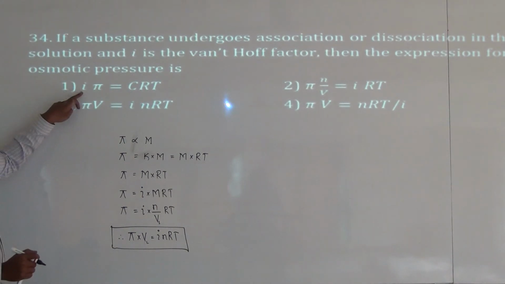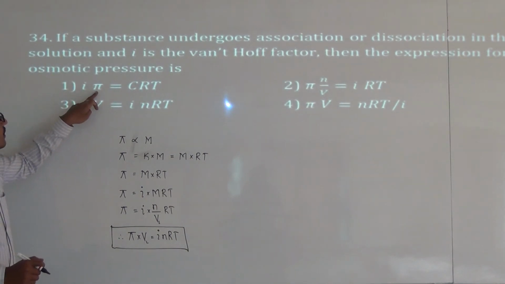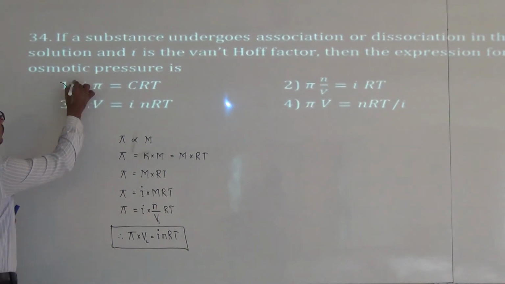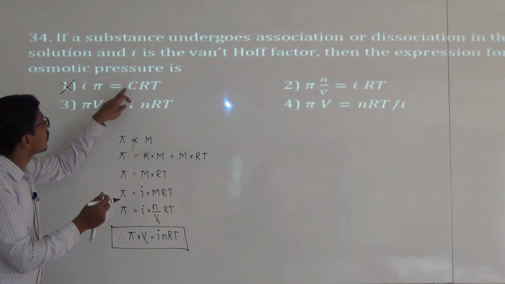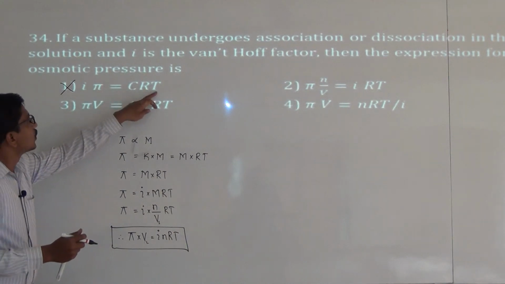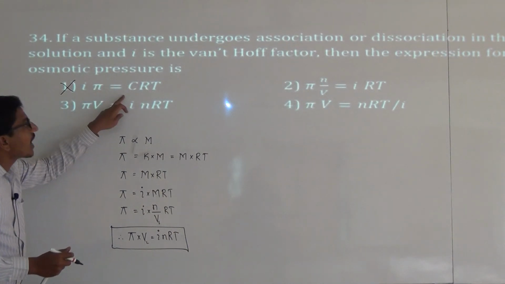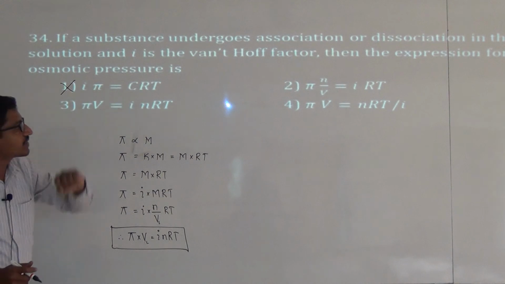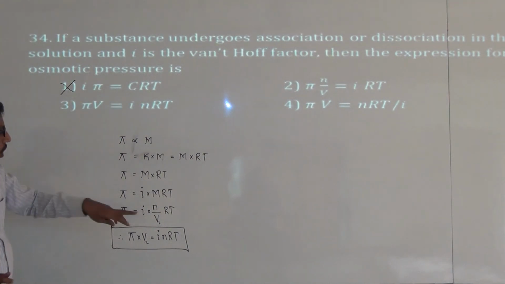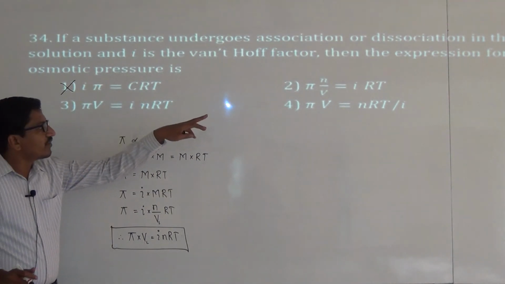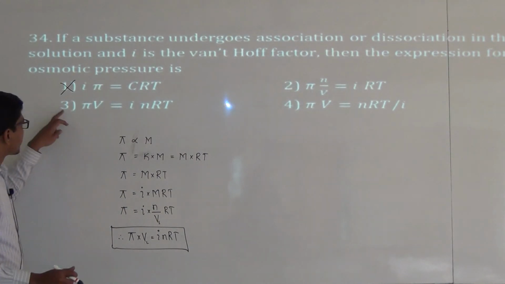In these options, i into pi, this is no, because pi is equal to i into R into C. If pi is equal to 1 by R, this one is wrong. And the second option is also wrong. Pi into n by V, that is also a wrong expression.